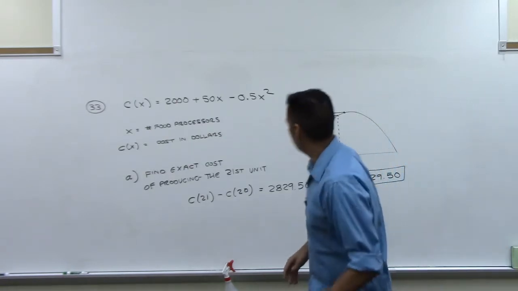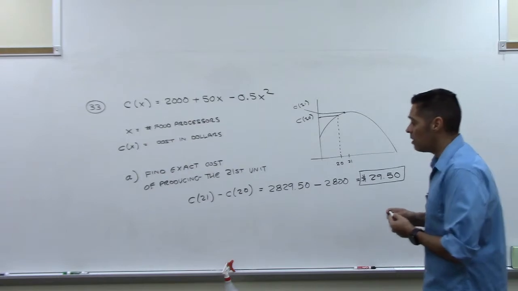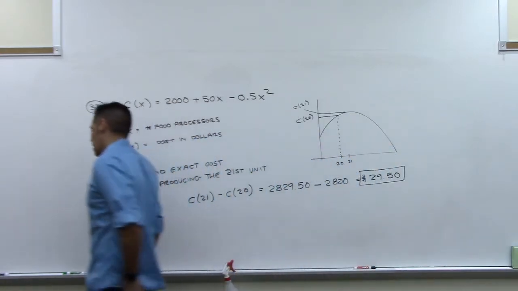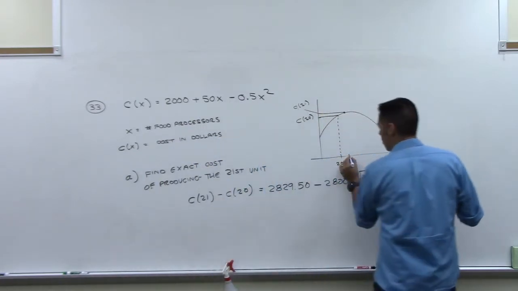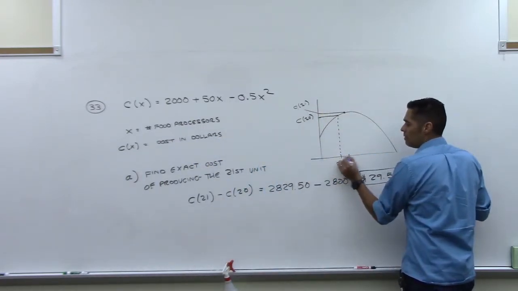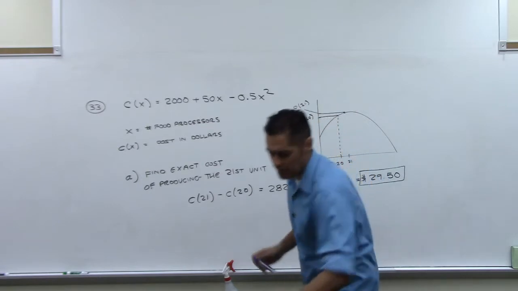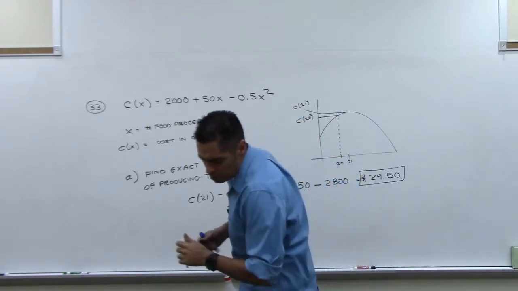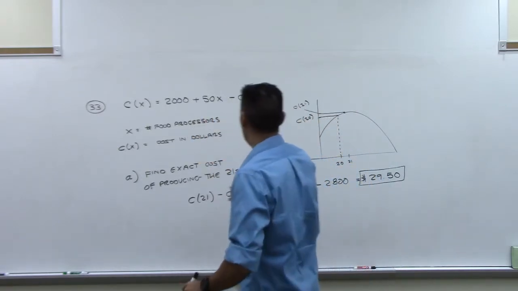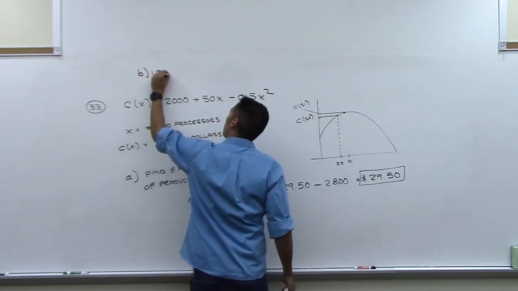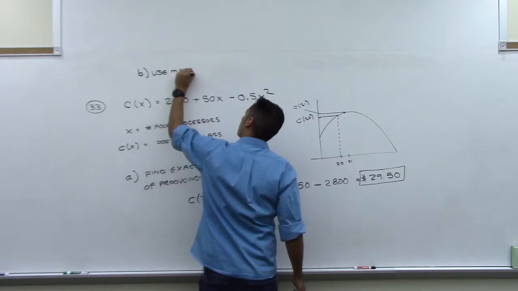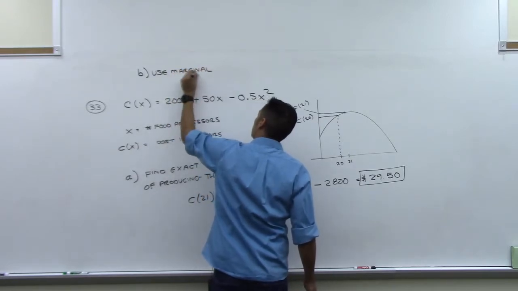Now what we're going to do is we're going to use some of the calculus to have us approximate that answer. So what we do is we imagine that if we go back to 20, all right, actually let me write down what part B is asking. Part B says use marginal cost to approximate the cost of making the 21st food processor. So use marginal. When you see the word marginal, you need to be thinking derivative.